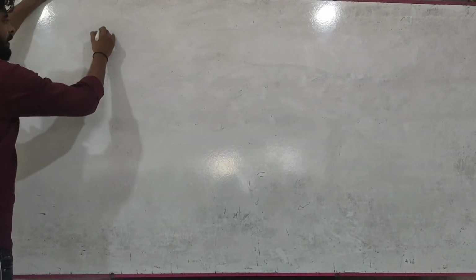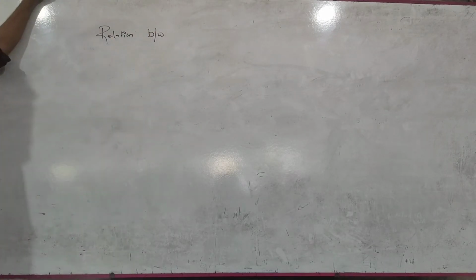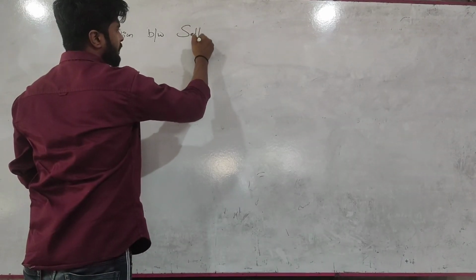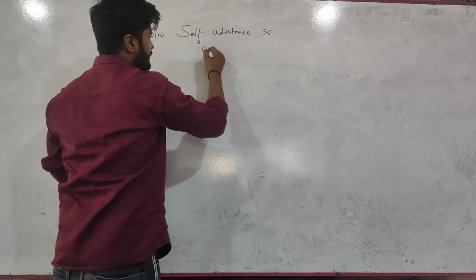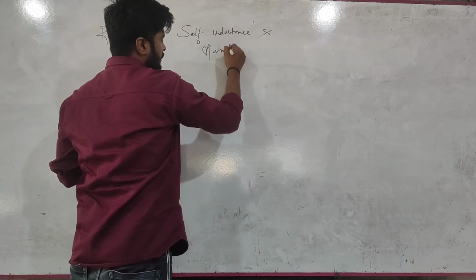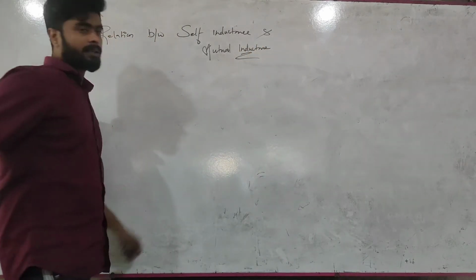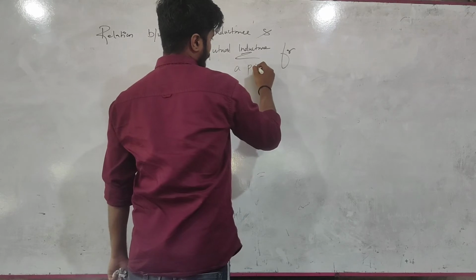Next, the next point that you have to note is that we have to derive a relation between self-inductance and mutual inductance for a pair of coils.